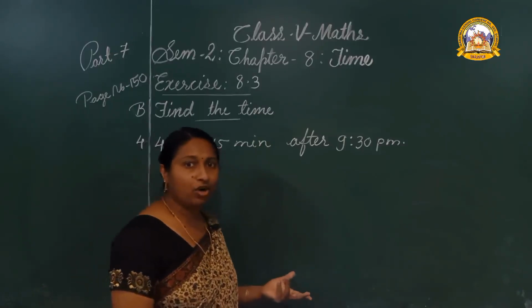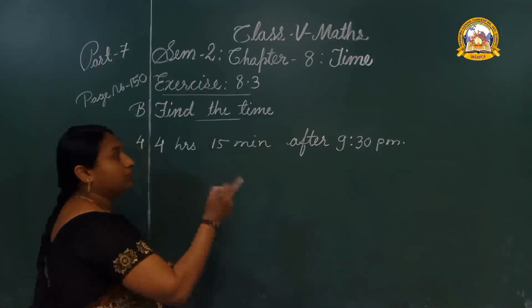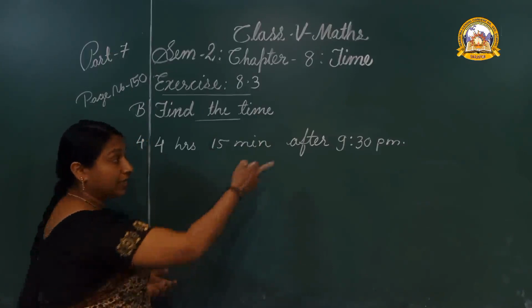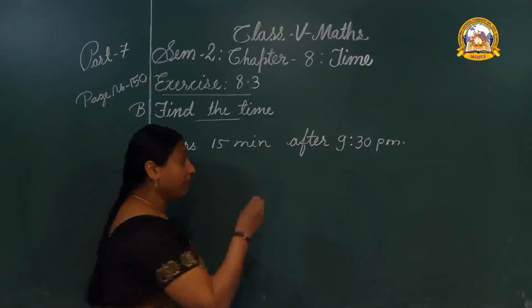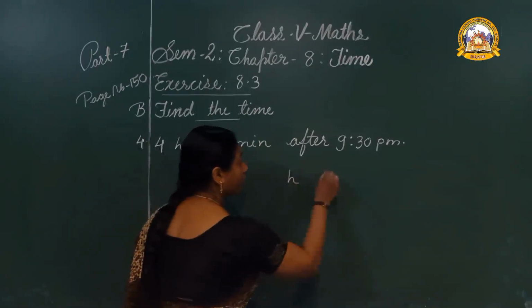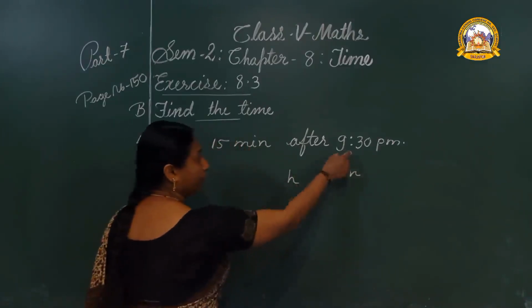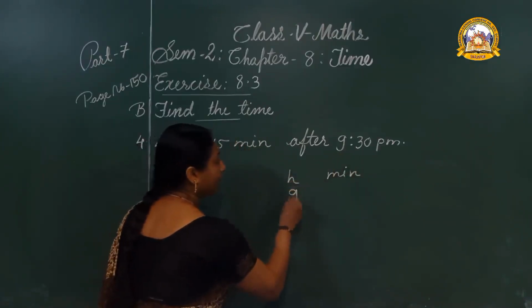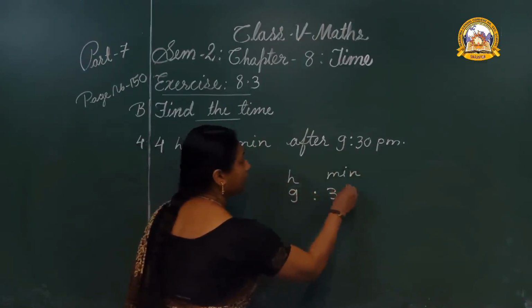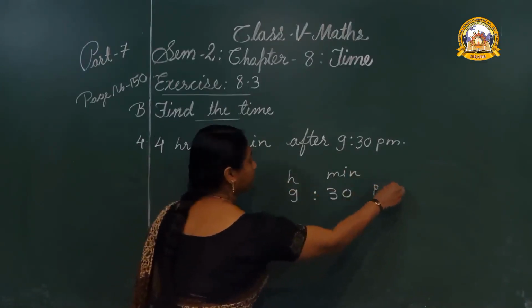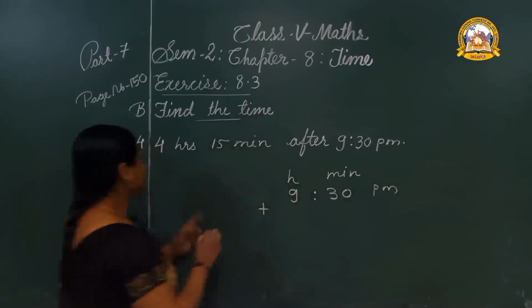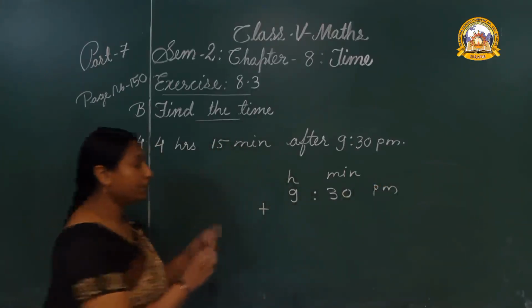You know that. Okay, so what should we do? Yes, starting time. First we have to make 2 columns, hours column and minutes column. Okay, first starting time 9:30 PM plus duration 4 hours 15 minutes.